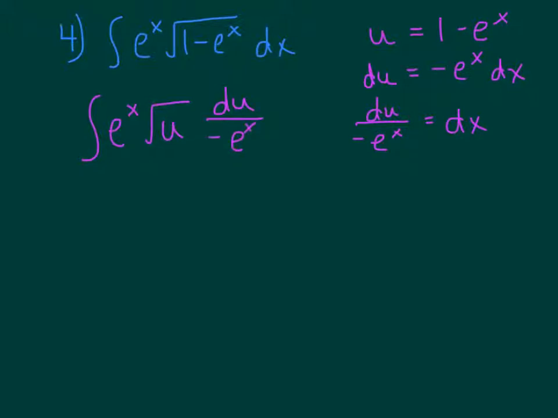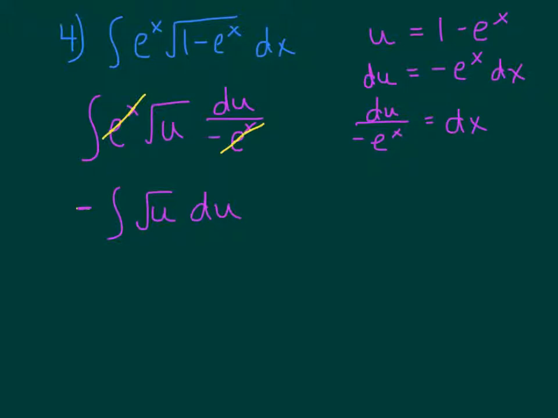All right, so did that help at all? It sure did, because if you look now, my e to the x's are going to be able to cancel out. And so I'm left with negative the integral square root of u du. And so I can definitely take the integral of that.